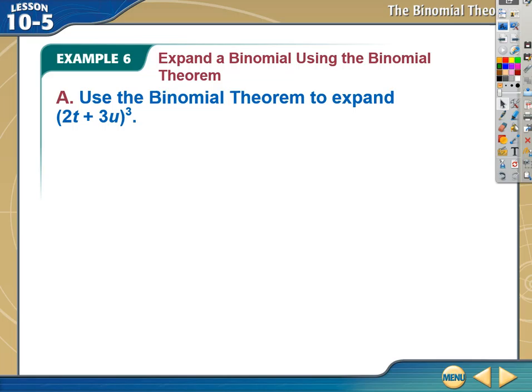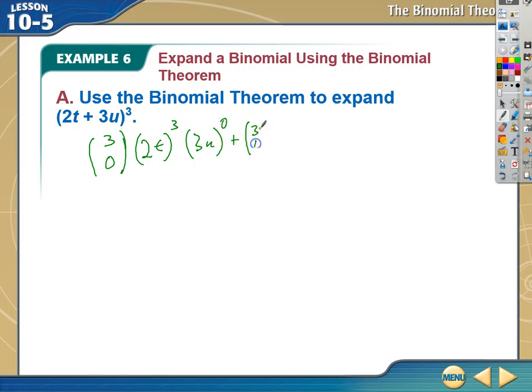So instead of using Pascal's triangle, the binomial theorem says, hey, instead of grabbing that, we use this here. There's our power. That's what we're choosing from. 3 choose 0. I grab the A part, 2t, raise that to the 3rd power. Grab the 3u, raise it to the 0 power.